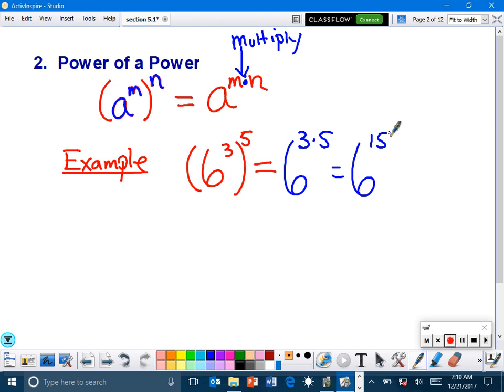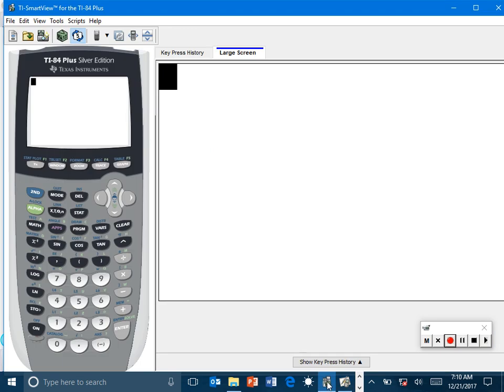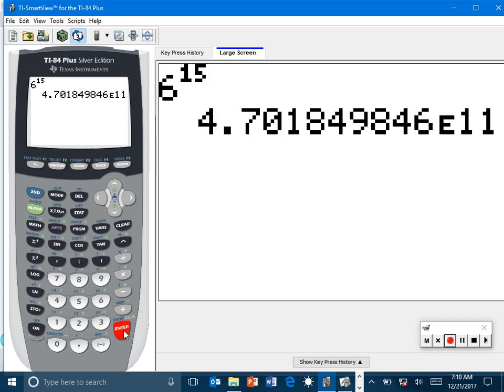Anytime you want to verify any of these problems, you certainly can use the calculator. For example, if I type in 6 to the 15th power, that's going to be a very large number. This is actually scientific notation, which we'll talk about in a little bit.